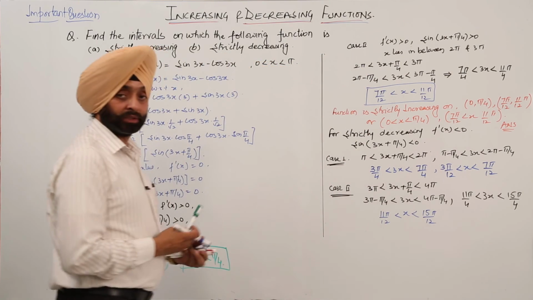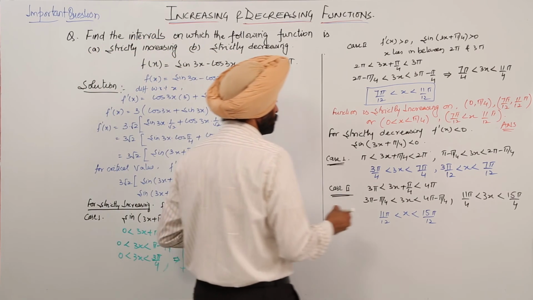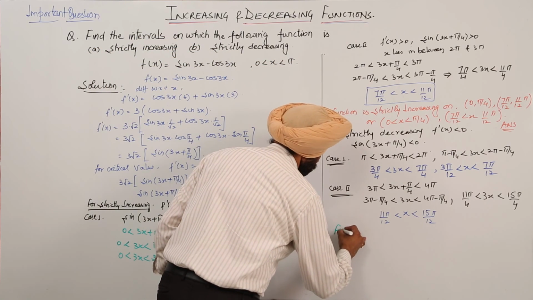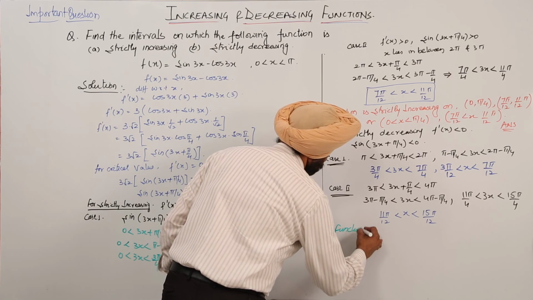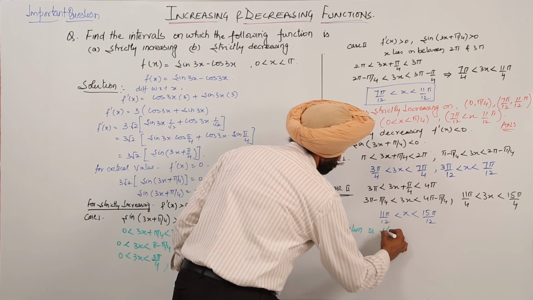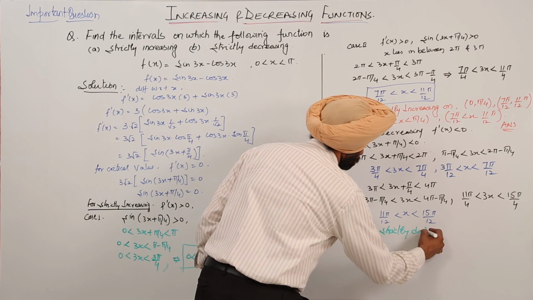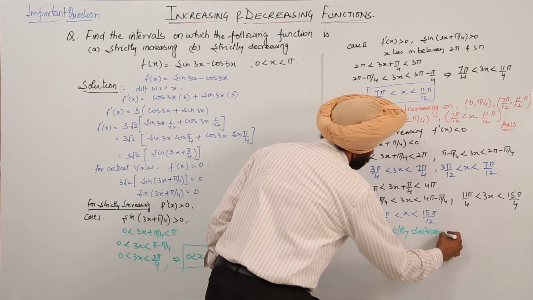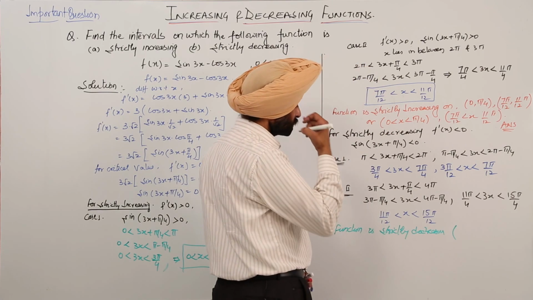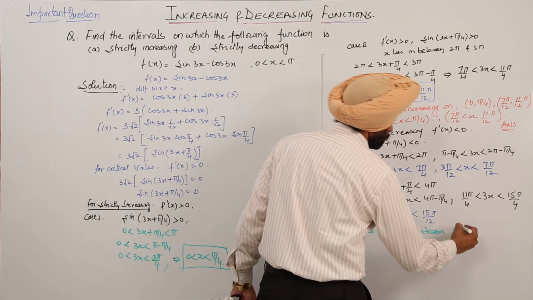So the function is strictly decreasing on, now what is strictly decreasing on?